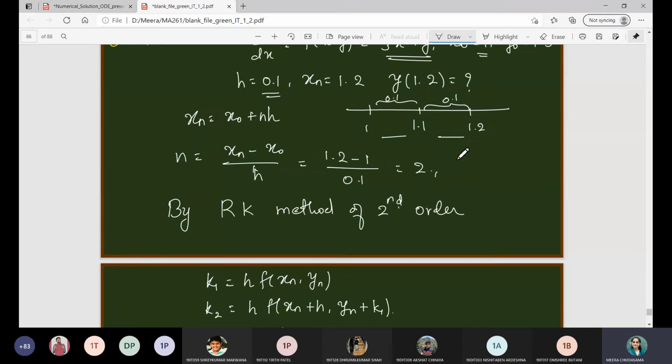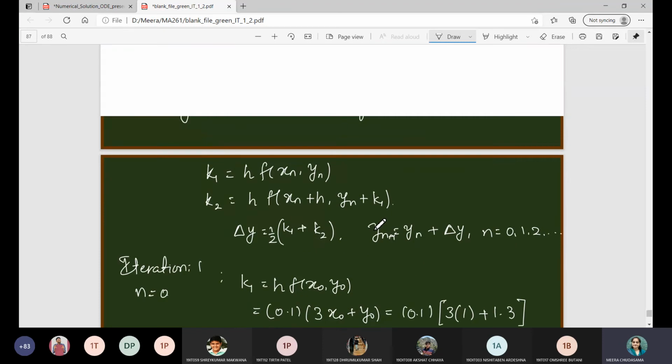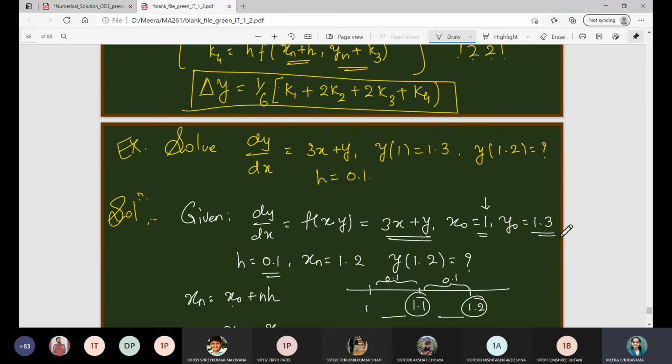From this one you can write x1 is x0 plus h, x0 is 1, so it is 1.1. x2 means it is 1.2. I have drawn it over here. So h into f at 1.1, let me write the entire quantities, comma y0 is 1.3 we are given, you can see here.